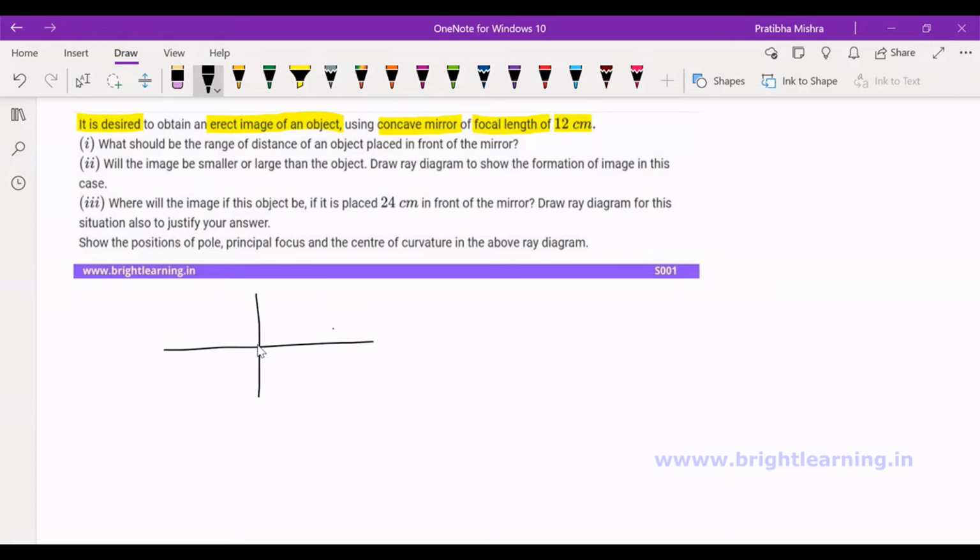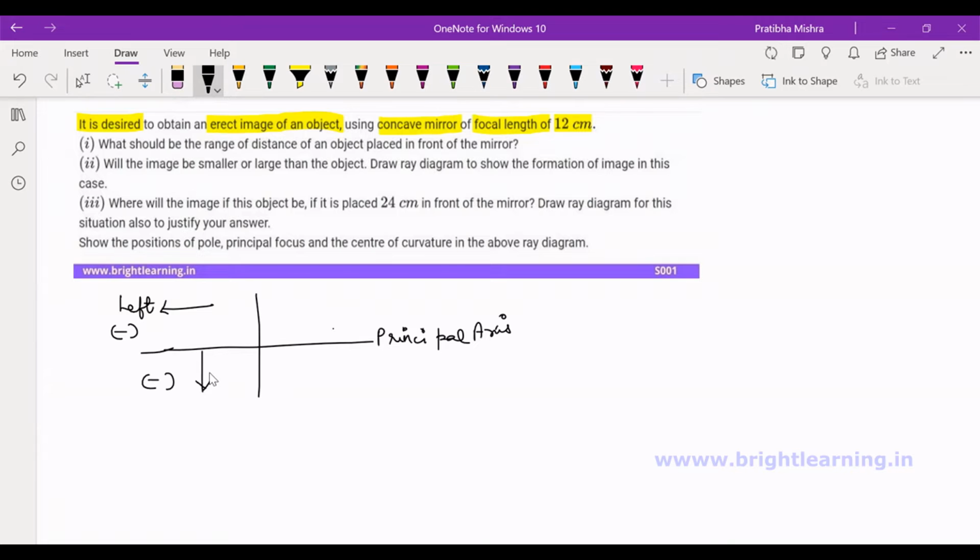convention of the coordinate system, anything towards the left side would be negative in the values, and anything below the principal axis that we are going to see will be negative in values.